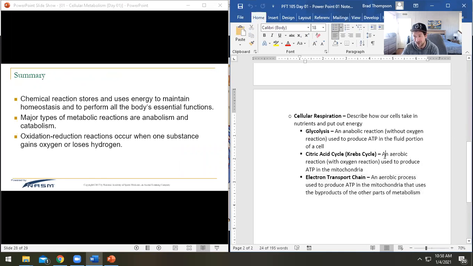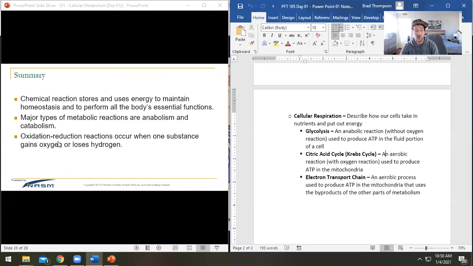So let's go ahead and summarize everything up today. Chemical reactions store and use energy in order to maintain life, right? Homeostasis, your ability to stay alive. And it performs all of your body's essential functions. The 2 main reactions of metabolism are catabolic, which is breaking stuff down, and anabolic, which is building stuff up.